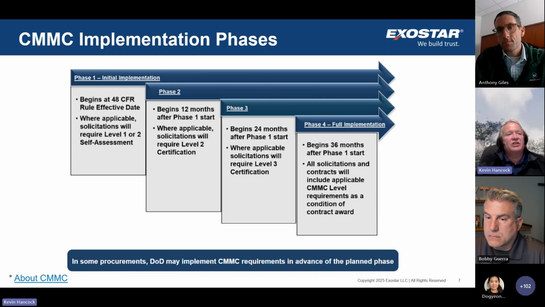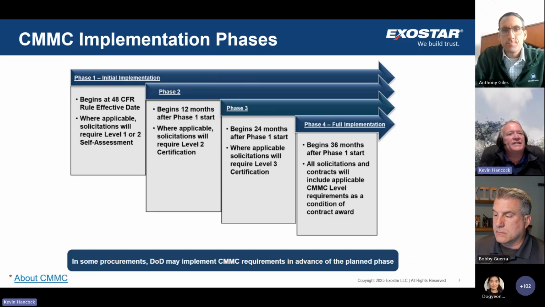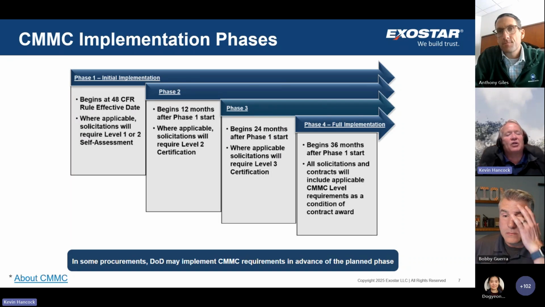After that first year, that's when you'll start to see the requirement for those third-party assessments kick in. So, if, as we believe, CMMC will take effect sometime in 2025, then sometime in 2026, a year after that, you're going to be required to have that third-party assessment done before you can bid on those contracts that require it.